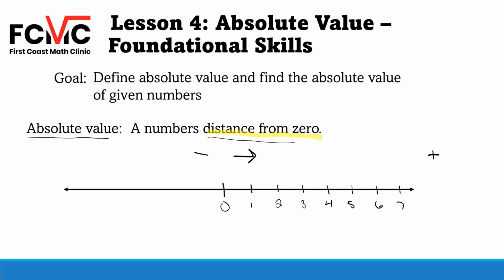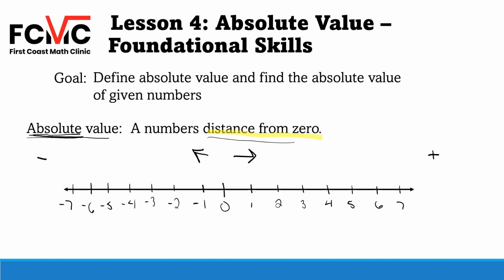If we go to the left, our values are going to get smaller. So let's list those values. We've got the corresponding negative values: -1, -2, -3, -4, -5, -6, and -7.